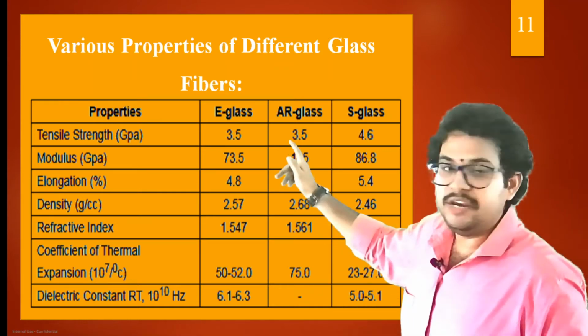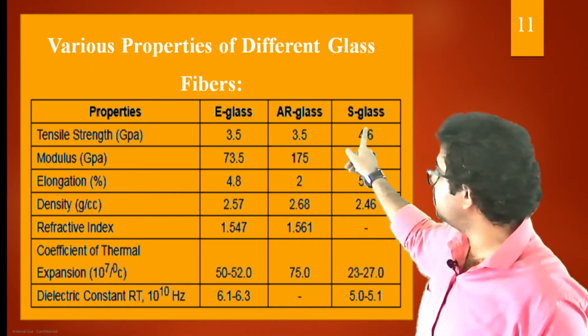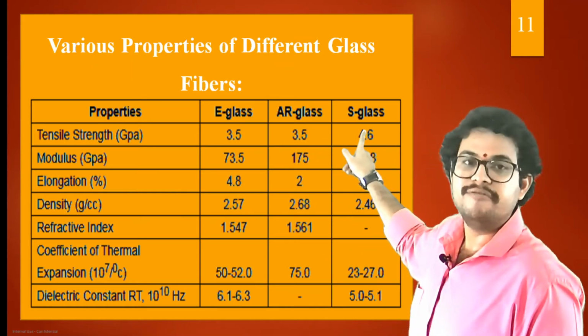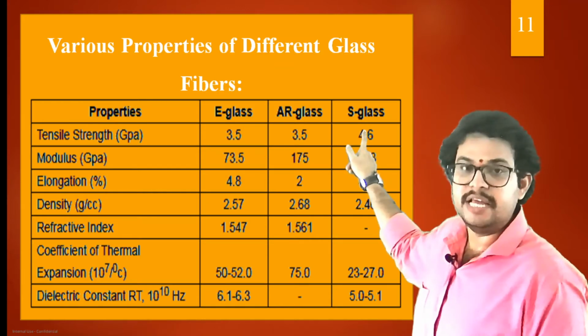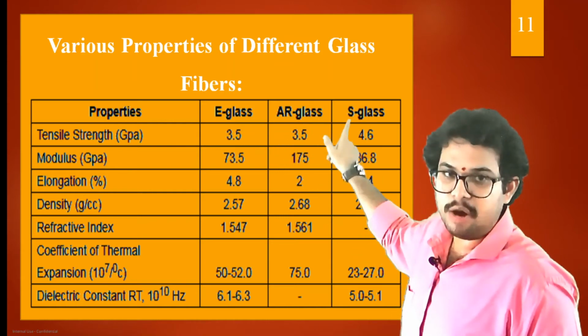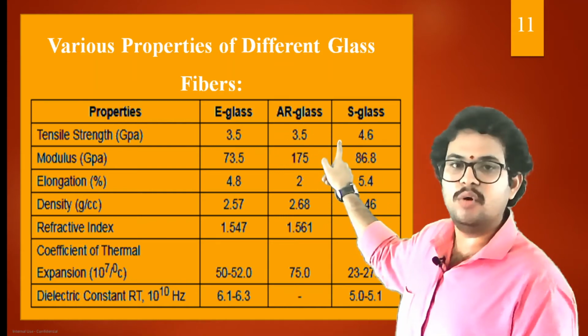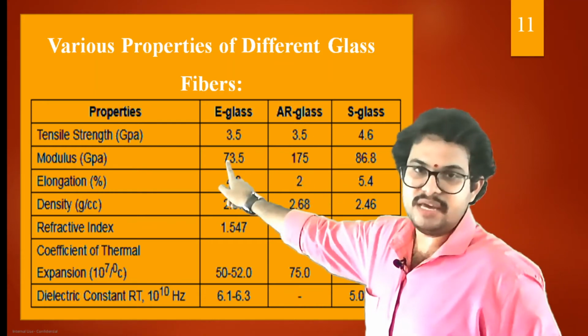But when you move to the other one, our S glass here, it is observed as 4.6 gigapascals. That means the tensile strength of the high performance application type is obviously more when compared to the other 2 categories, the first being E glass and the second being AR glass.